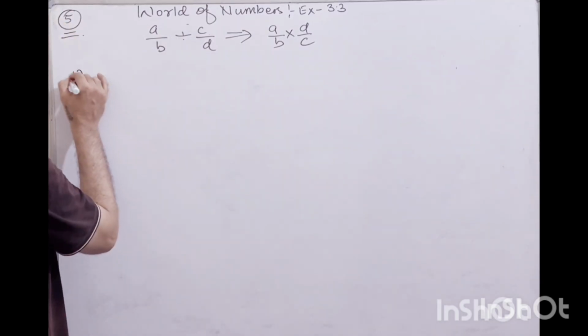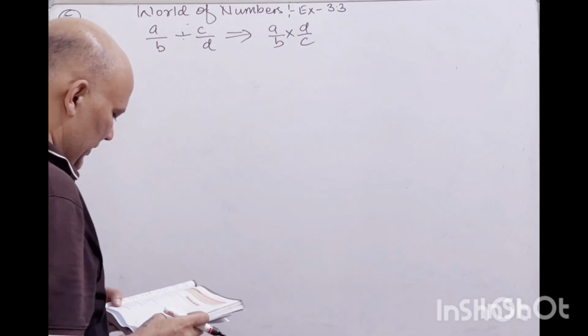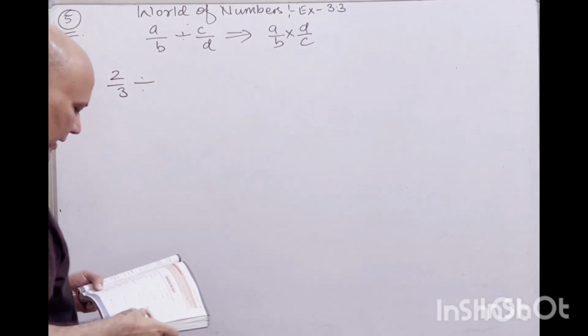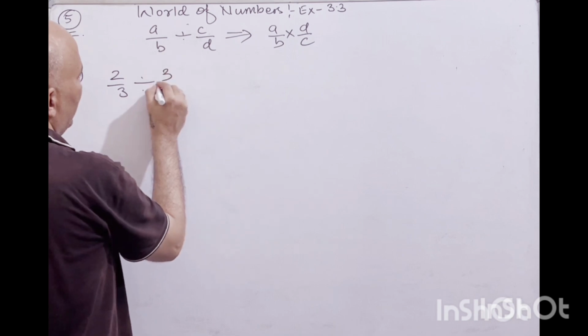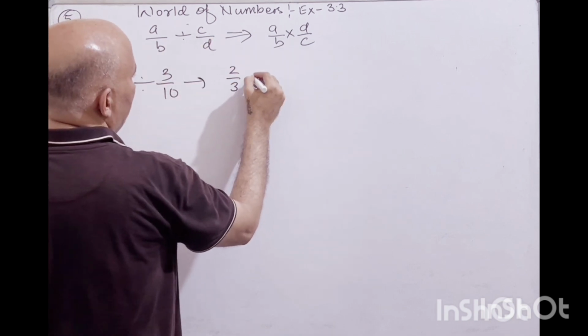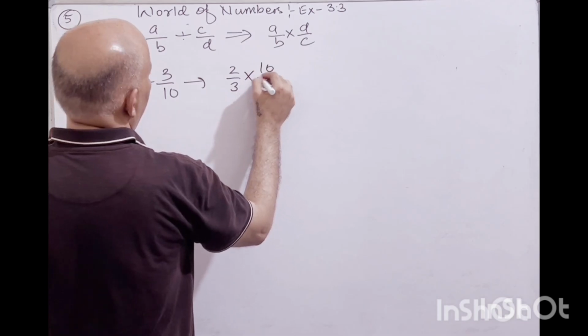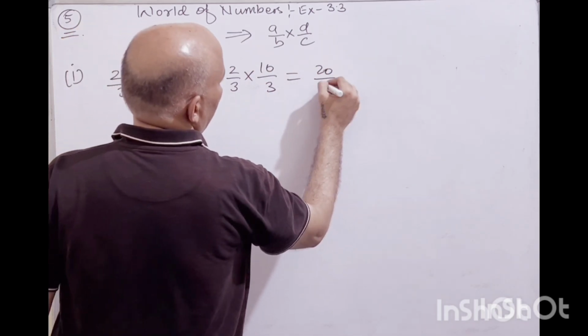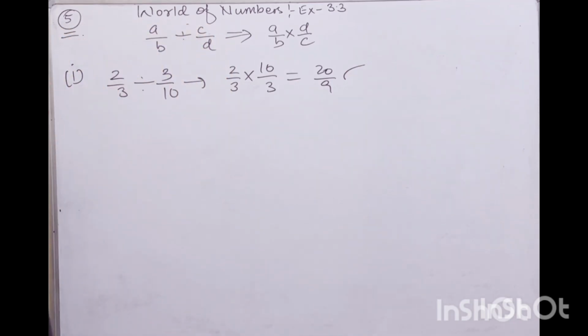So now first, 2 by 3 divided by 3 by 10. As per this condition, 2 by 3 will remain the same, multiplied by 10 upon 3. So this will be 20 upon 9. This is your answer.